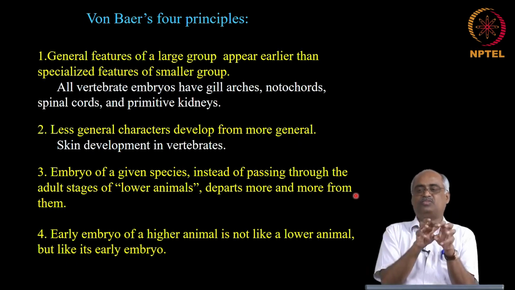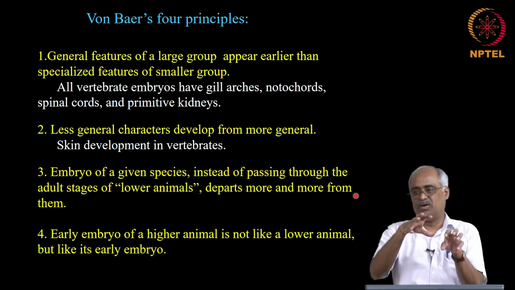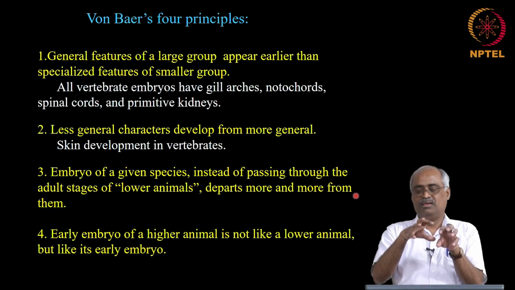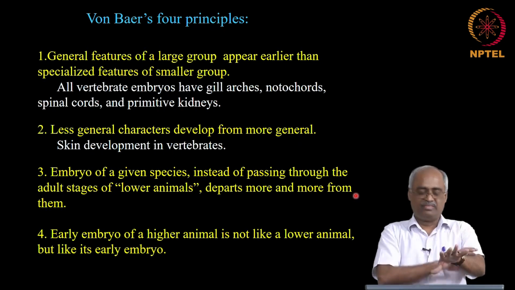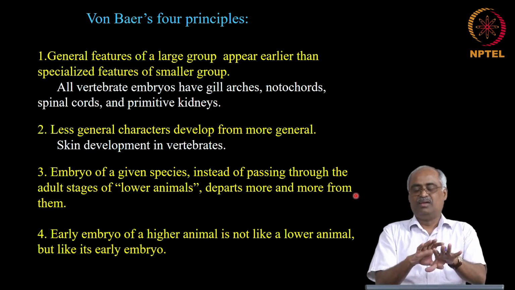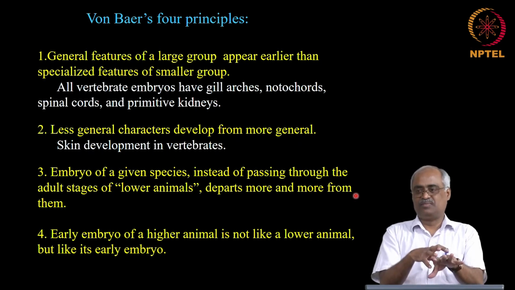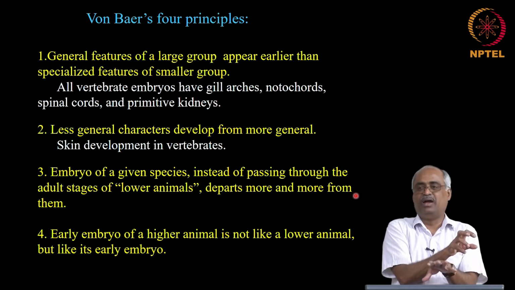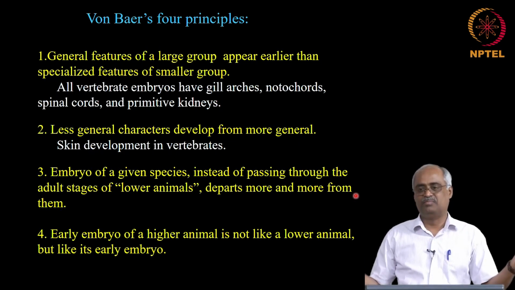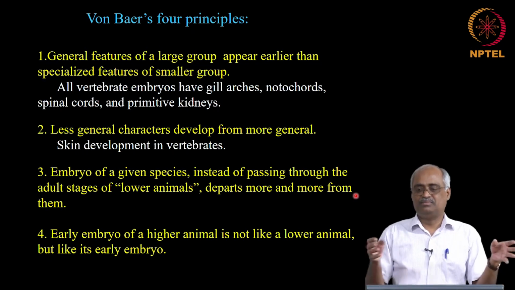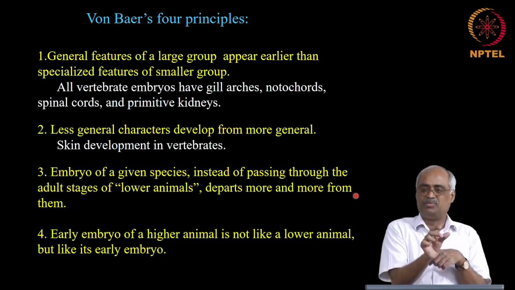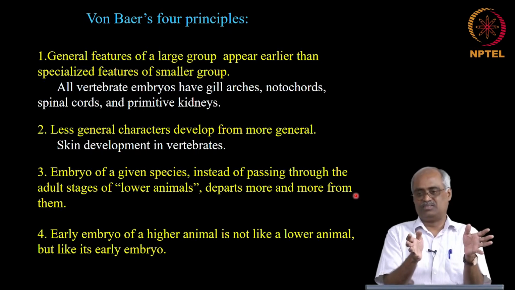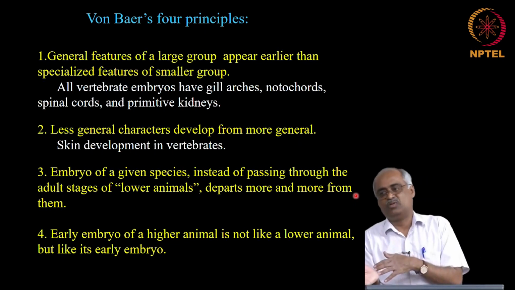For example, the structure from which your hand forms: your hand, with the digit split and with the two joints, etc., is a specialized structure, and it starts from the limb bud, which is present in all the vertebrates. The hand is specialized, and it comes from the limb bud, which is a general structure.